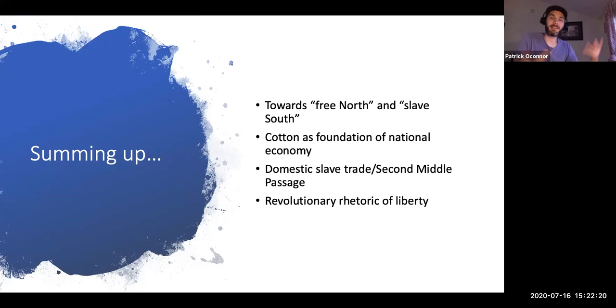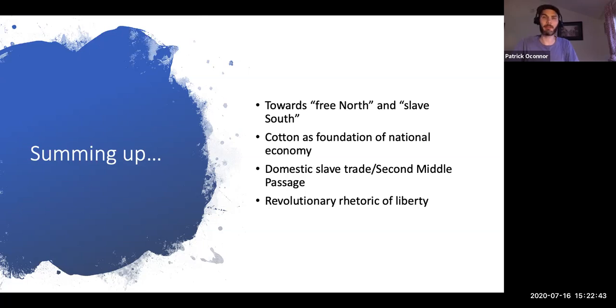And it's known as the Second Middle Passage. So if the Middle Passage is the journey from West Africa to the Americas, the horrible months-long journey that the first generation of enslaved people suffered through for centuries, the Second Middle Passage is by foot, often, sometimes by steamboat as well.